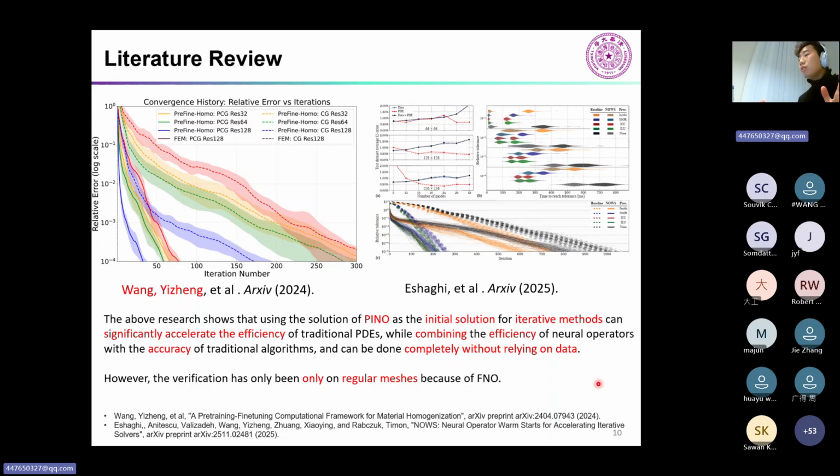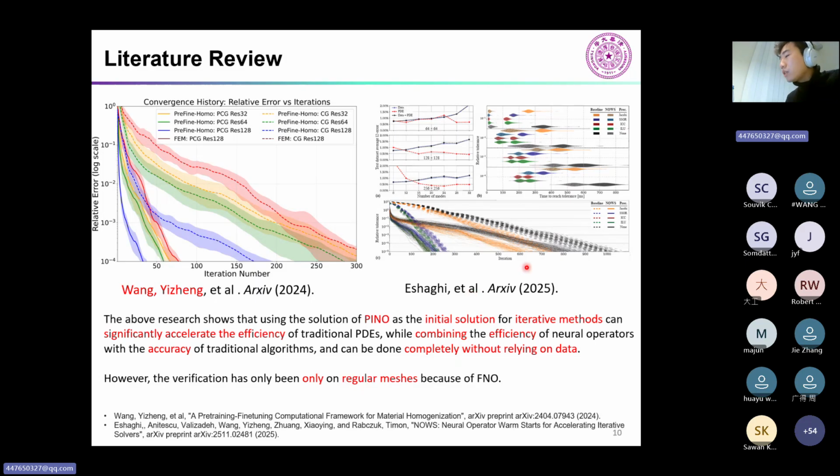In traditional methods we don't know the initial solution, but in PINO we can get a good initial solution, so we can use an iterative way starting from it. About 2 years ago, I tried this framework on a 3D problem, using FNO as the initial solution. As you can see, the iteration number decreases a lot compared to the traditional method. And my friend Mohammed also proposed the same way, and he verified my idea.